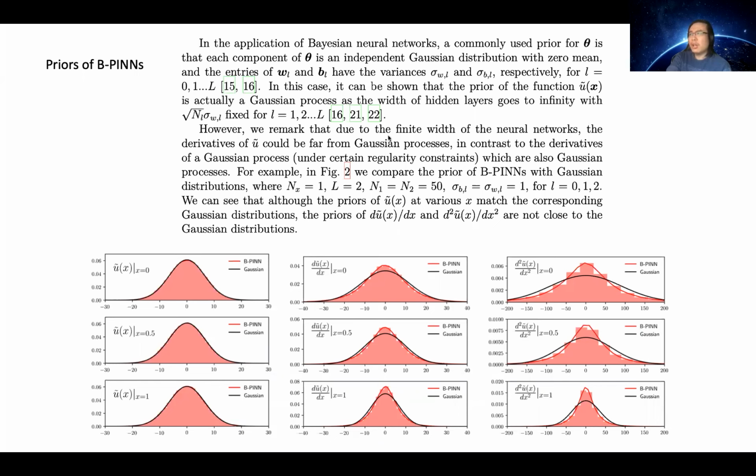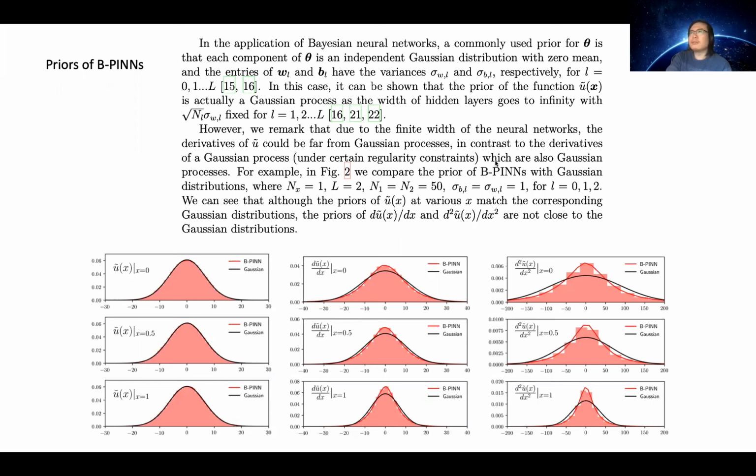We also remark that due to the finite width of the neural network, because this theory says the width of the hidden layer goes to infinity, but in real applications we only have finite width. So the point is the derivatives of u tilde could be far away from Gaussian processes, in contrast to the derivatives of a Gaussian process, which are also Gaussian processes.